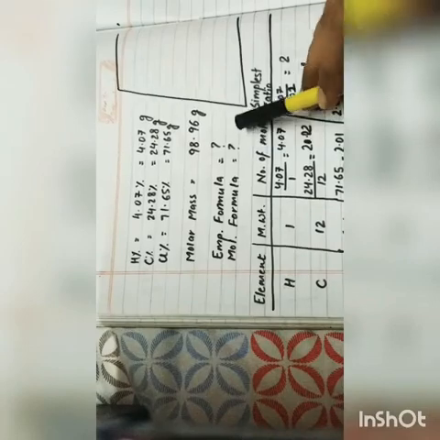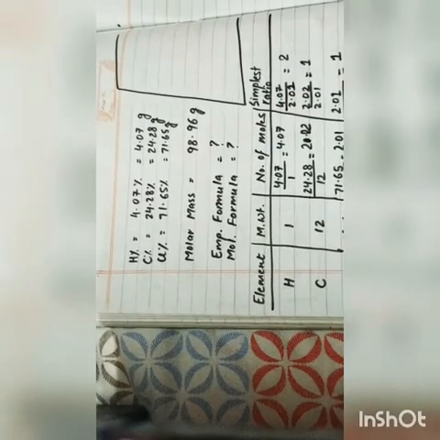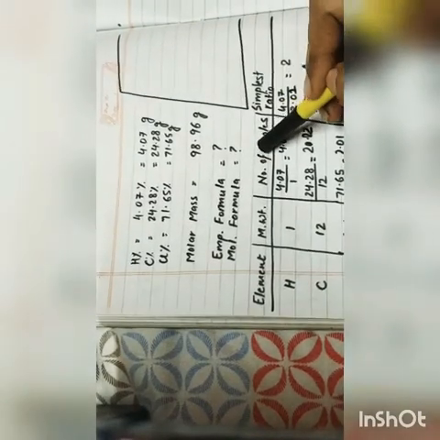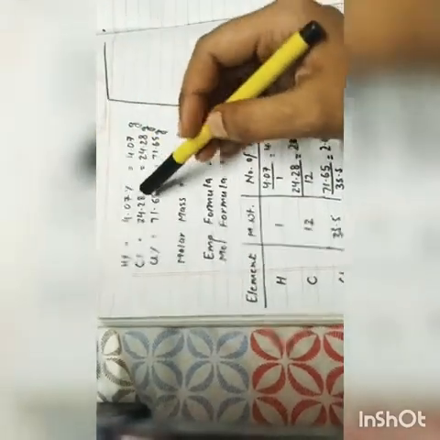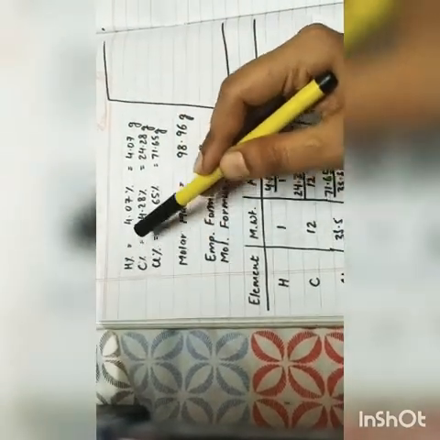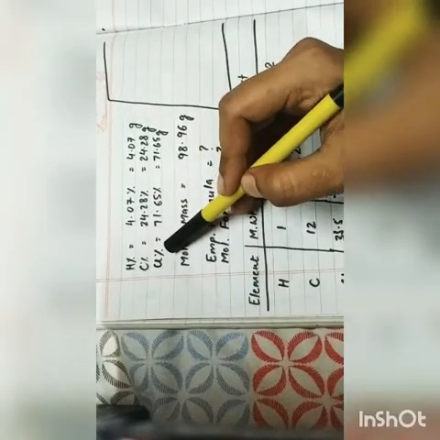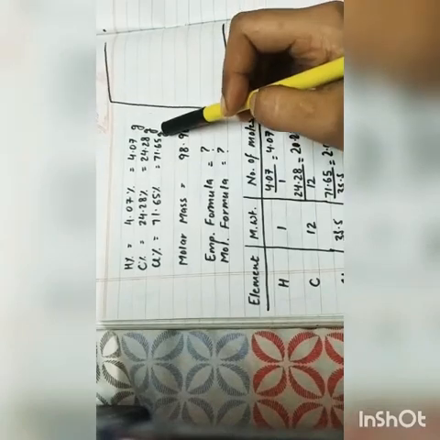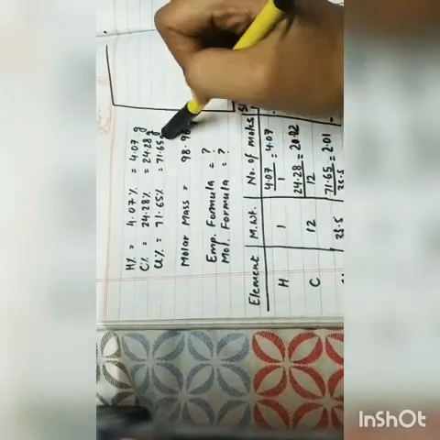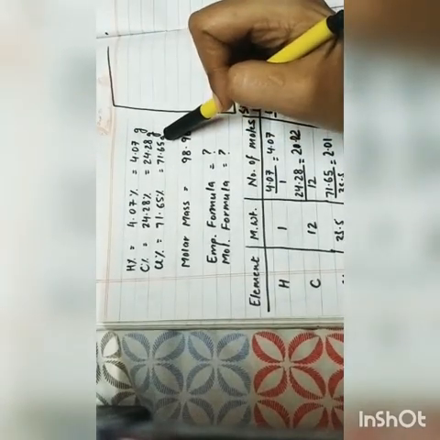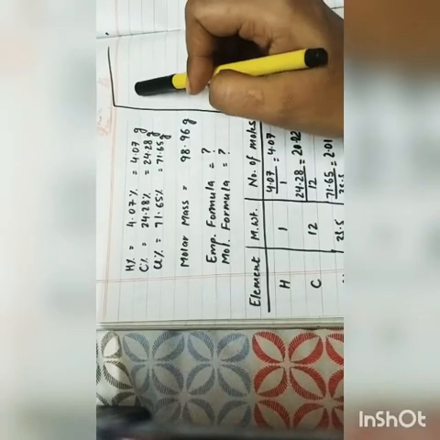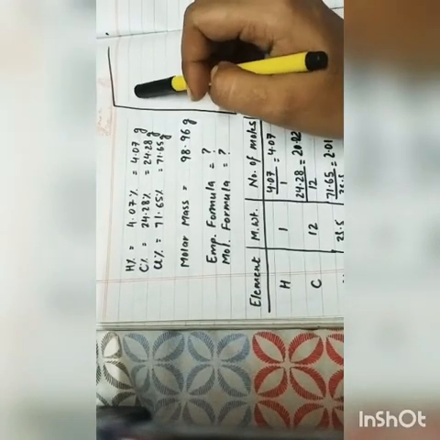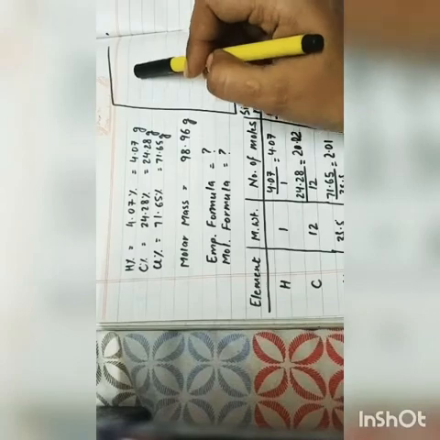The process is very simple if you apply this table method. Here the percentage composition of hydrogen, carbon and chlorine is given. You have to convert this percent into gram. Like if you have 100 gram, and someone says hydrogen is 20%, it means you have 20 gram of hydrogen.